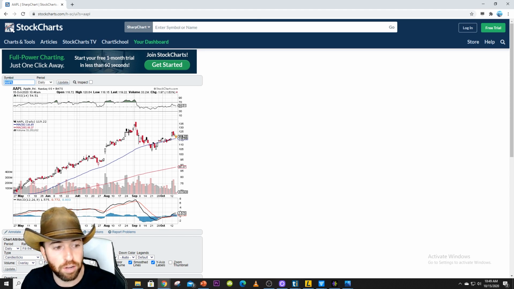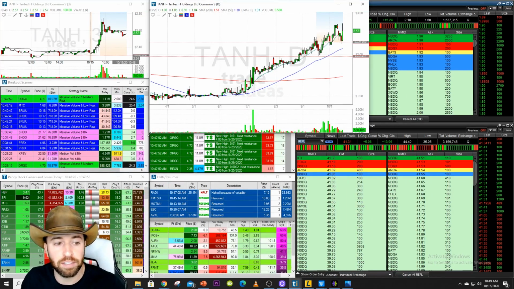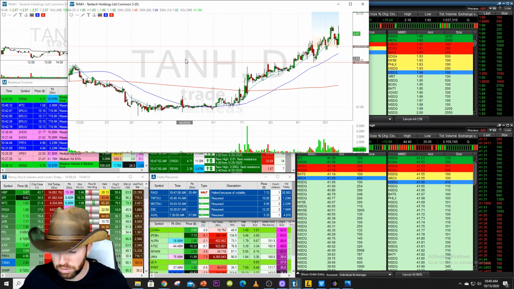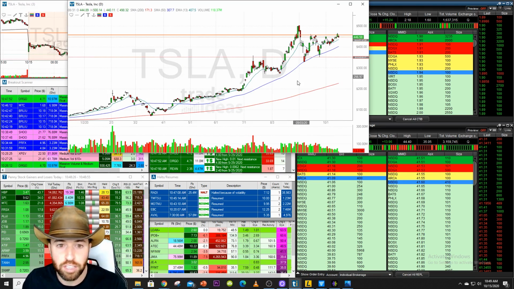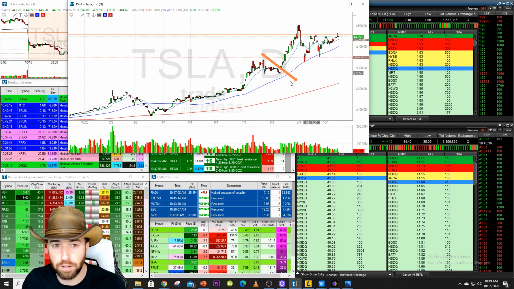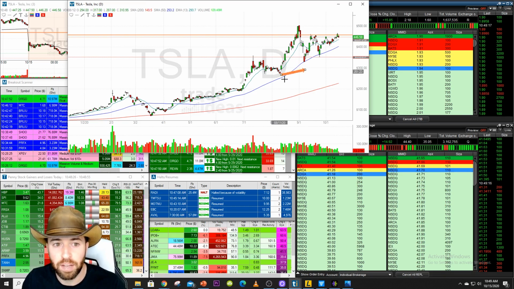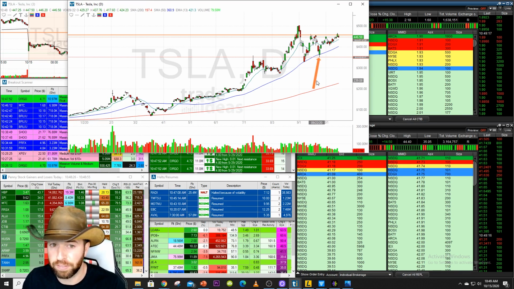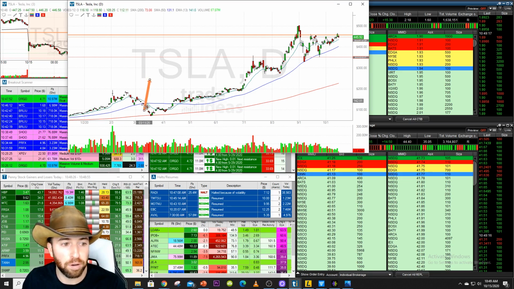And notice again what happens on these plays. We bounce right off the 50-day, we bounce off the 50-day, and blue chips are going to love this. If you're a bigger trader and interested in blue chip plays, look how well you bounce off these moving averages. For instance, take Tesla. Perfect bounce off the 50-day, perfect bounce off the 50-day right here. You can see a perfect bounce off the 200-day moving average right here.